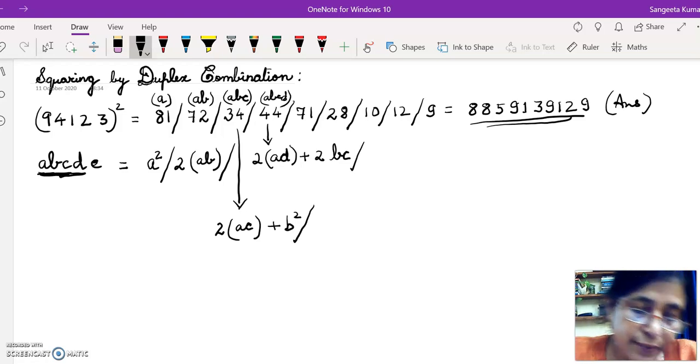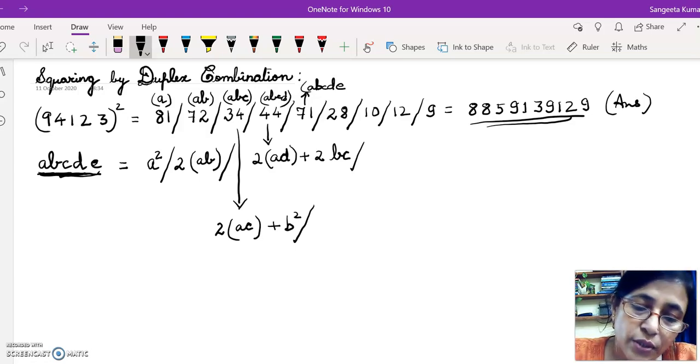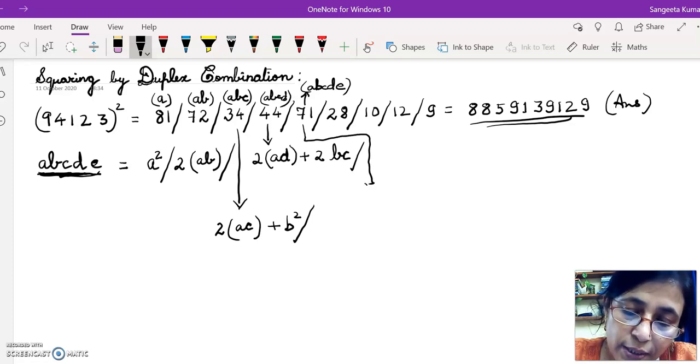Then next I will take all the 5 digits together, A, B, C, D, E. So this 71 is A, B, C, D, E all taken together. What we have to do? Again the duplex. And how do I find the duplex?